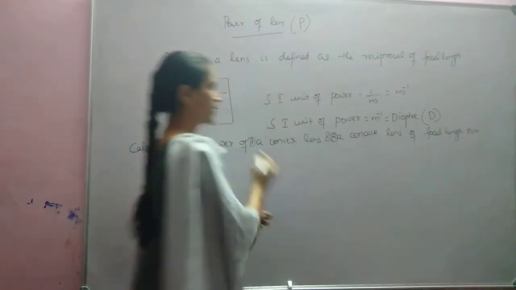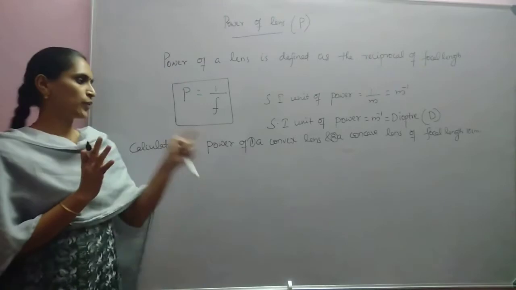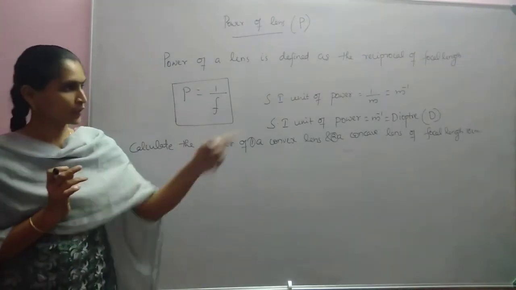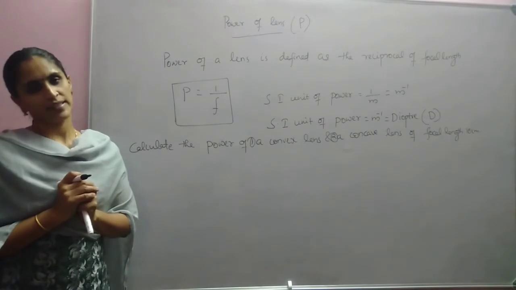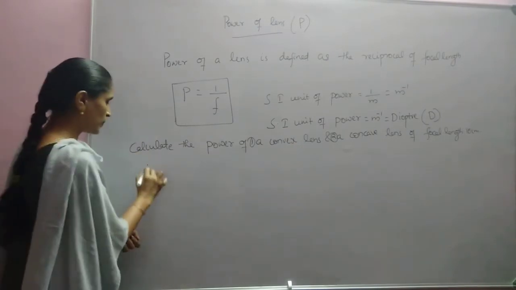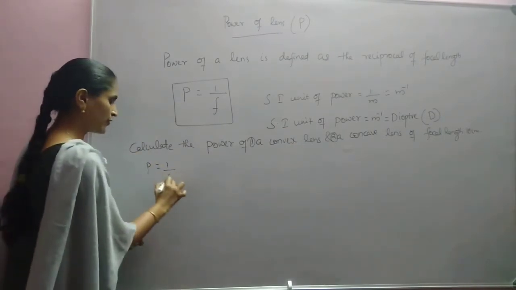So you have to find the power, first of a convex lens of focal length 10 cm, and then of a concave lens of focal length 10 cm. You know the formula, P is equal to 1 by f.